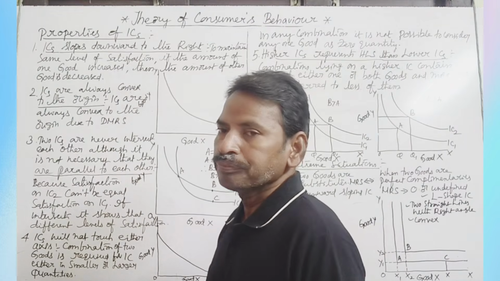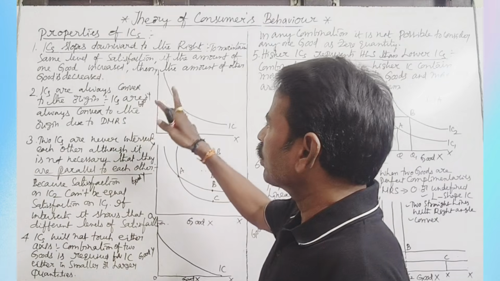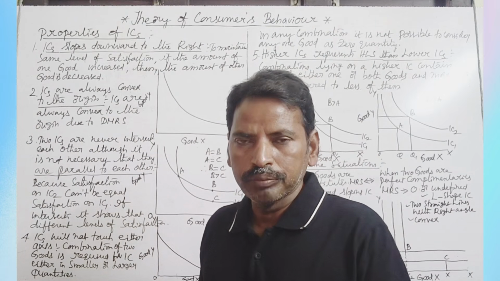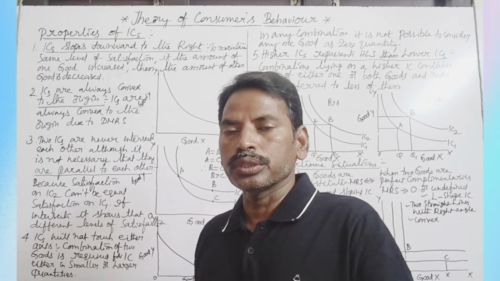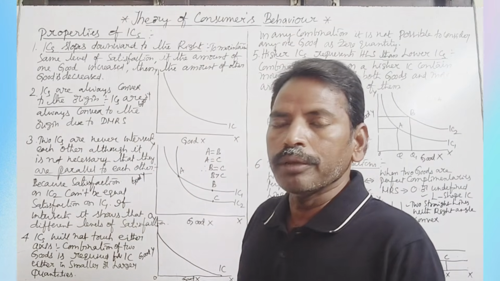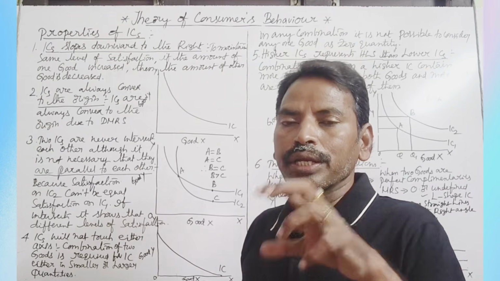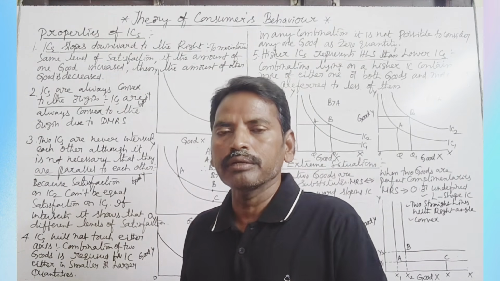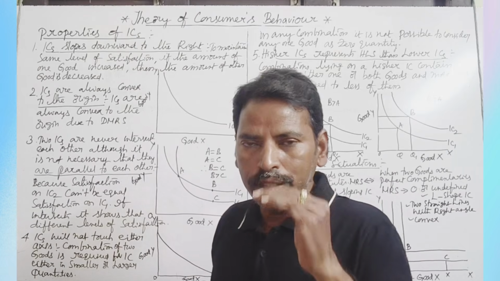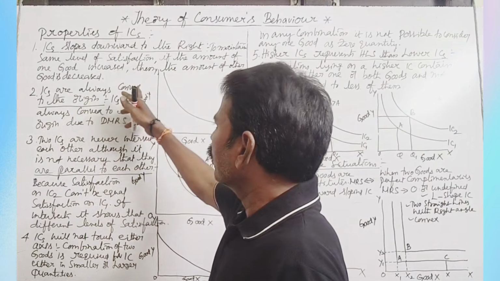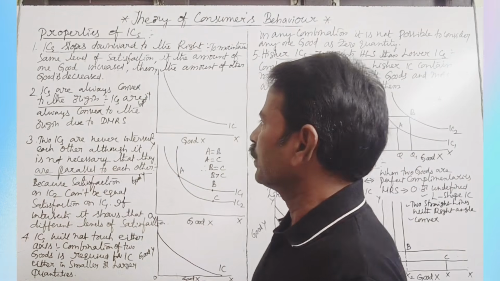Property number 2: ICs are always convex to the origin, due to the diminishing marginal rate of substitution. That is the main reason why indifference curves are always convex to the origin.